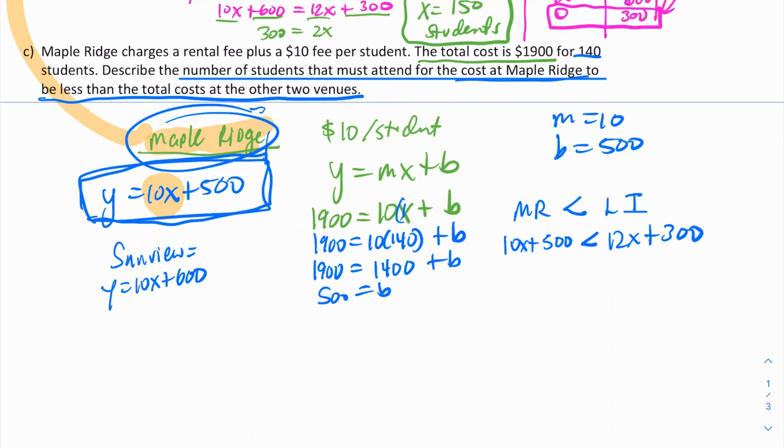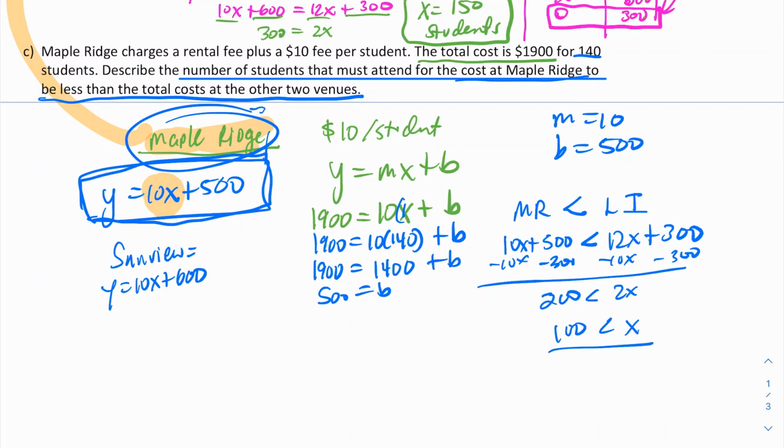So if I solve this, I'm going to subtract 10x from both sides. That gives me 2x, and then I'm going to subtract 300 from both sides. That gives me 200, so that's 100.